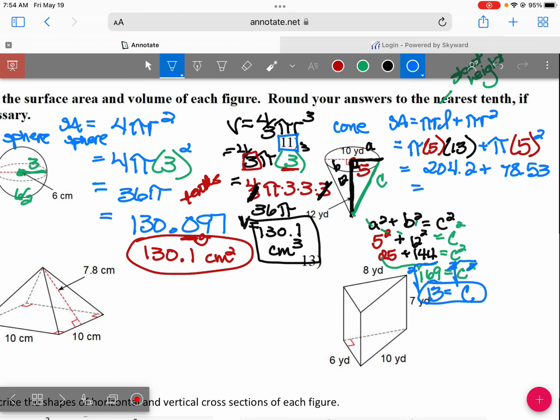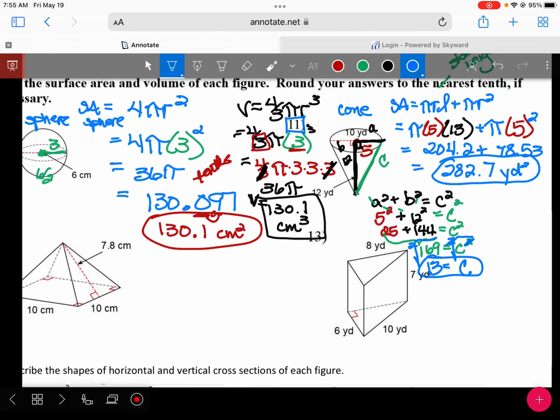Put those two together, and you're going to get 282.7 yards squared. That's the surface area.